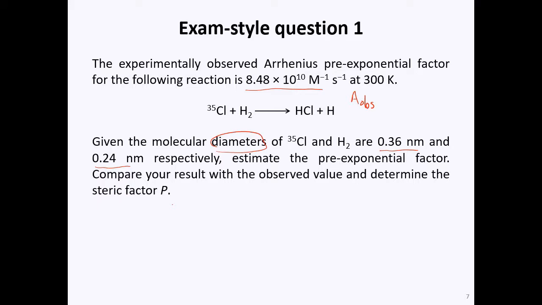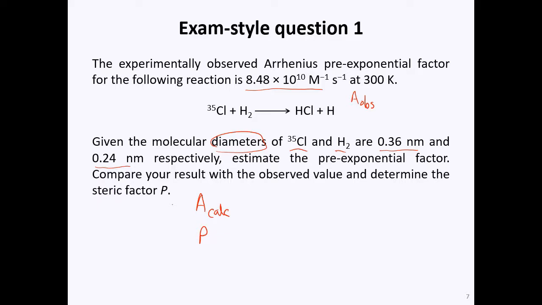We've got to first find our A calc, and then we've got to find P. There are a few key points here. One is that these are diameters. The other thing is that they need to be converted, for example from diameters to radii, and from nanometers to meters. And we're also going to need the masses of these two species too. So we're going to need to go and find those.